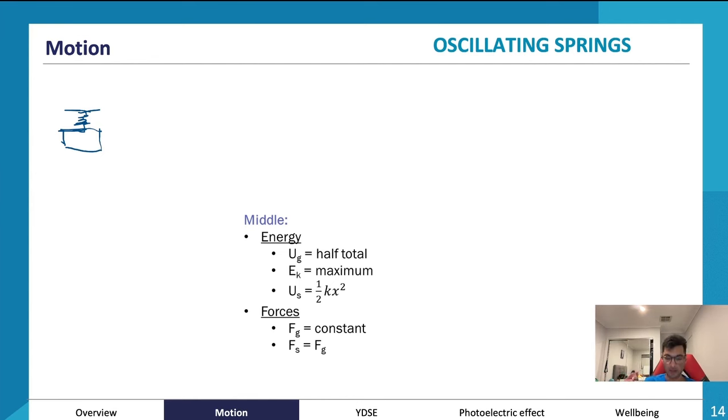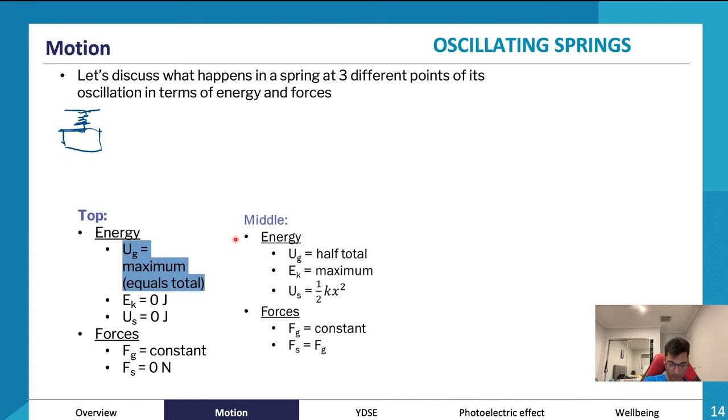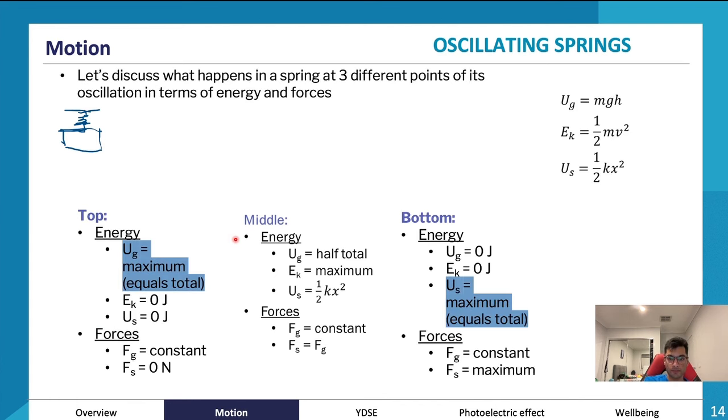When the mass is at its highest position, what is happening is that the gravitational energy is the maximum. The kinetic energy is 0 because the mass is not moving, and the spring energy is 0 because the spring is not extended.